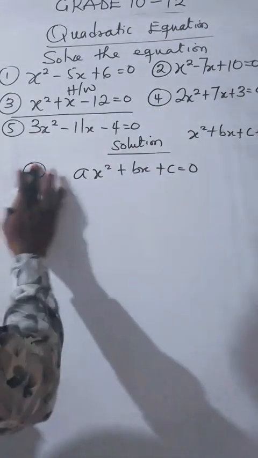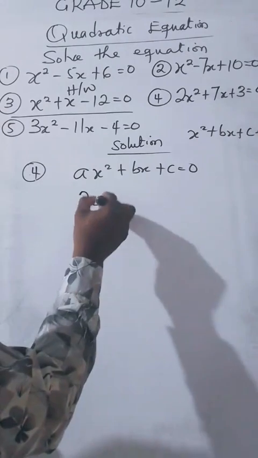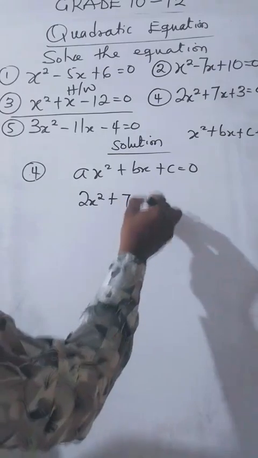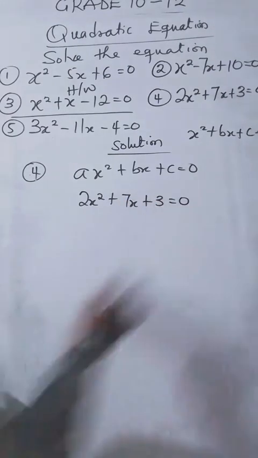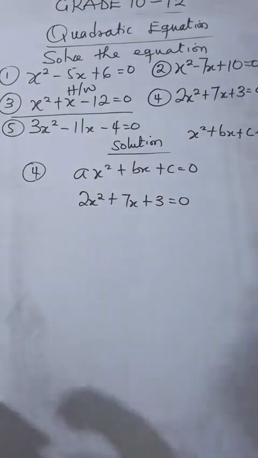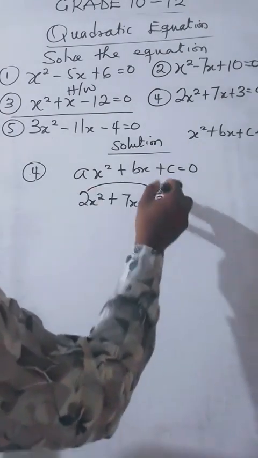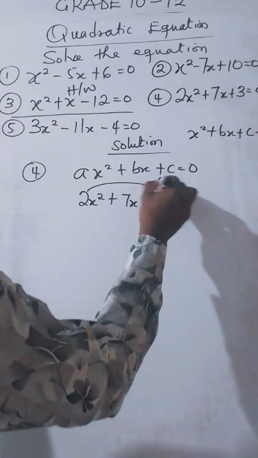So that's question 4. We have 2x squared plus 7x plus 3 equals 0. The first rule is to multiply the 2 by the 3 here. So here will be 6.